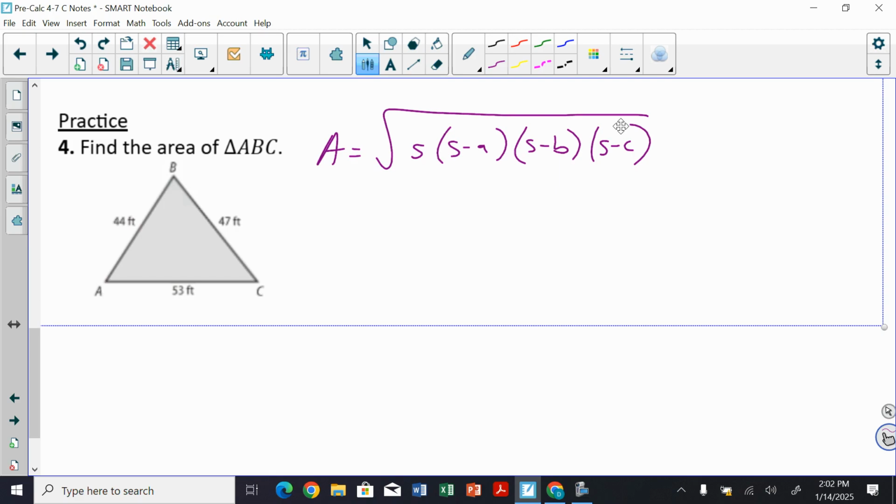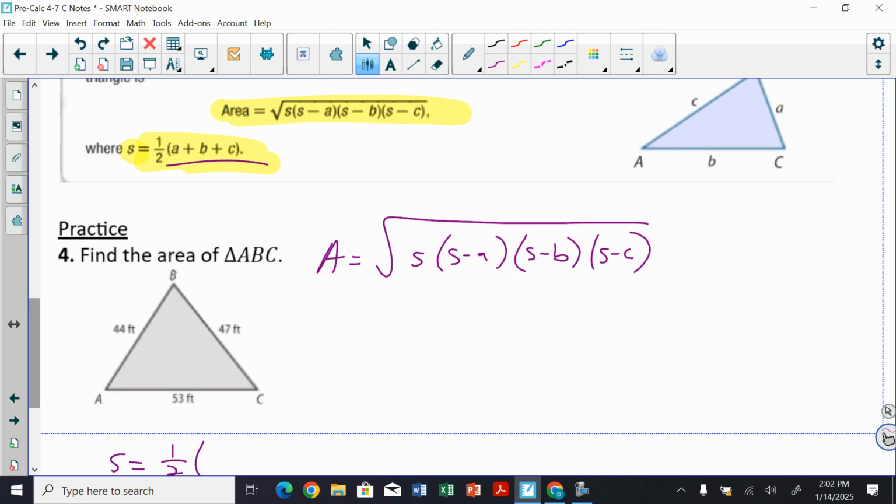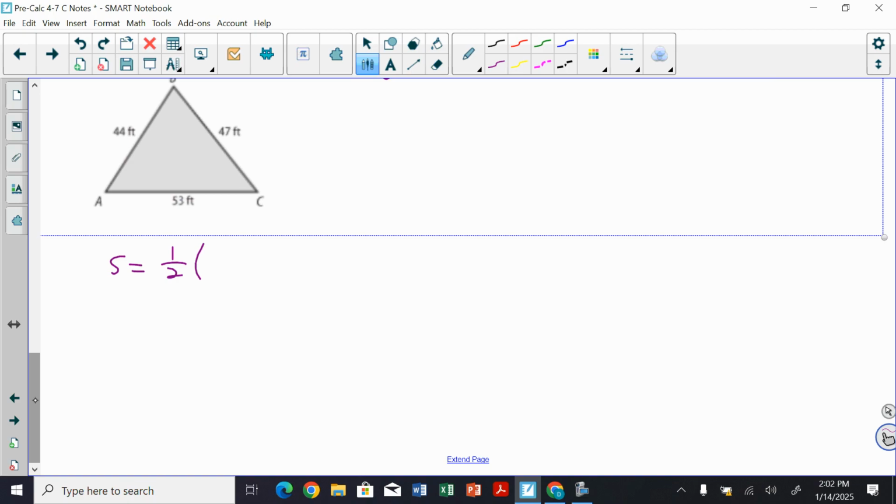I need S. What is S? So S is going to be equal to 1/2 of all of these, A plus B plus C, right? It says right here. So 1/2 of 44 plus 47 plus 53. So adding those up, that comes out to 144, and half of 144 is 72.